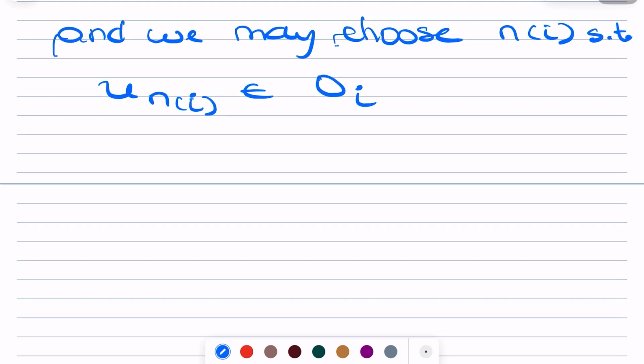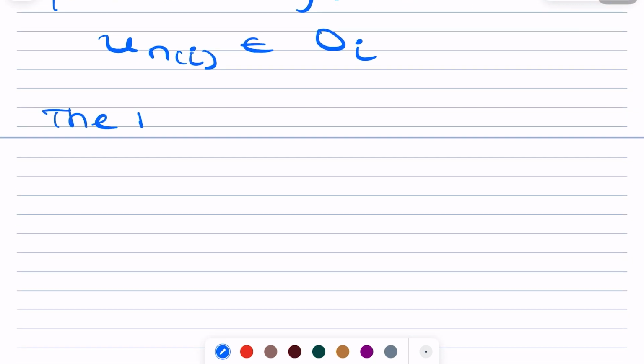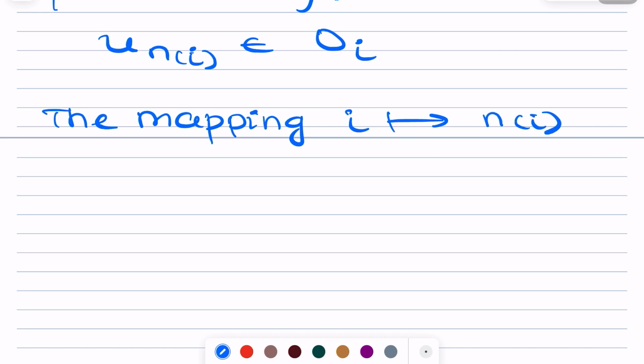Now observe that the mapping which to i associates n_i is injective.